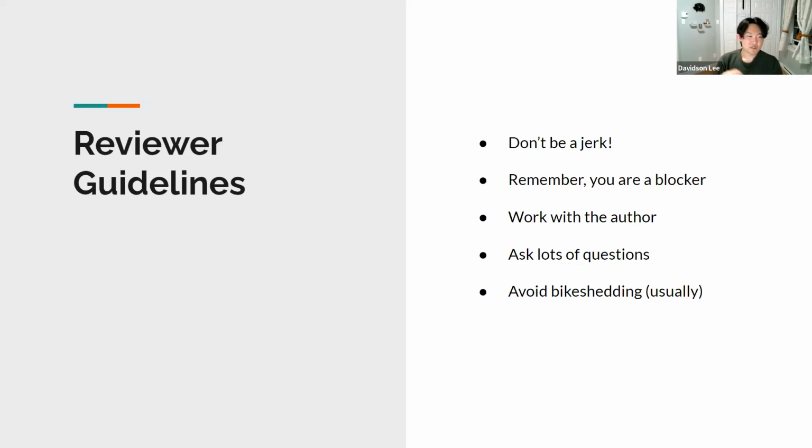Oh, I don't like the way you named this variable, not in a way that makes a material difference, but I just like moving these words around. Or like, oh, we should use this syntax versus another, like avoid the if else, use a ternary, right? At the end of the day, it doesn't really matter. And if that's the focus of your review for the majority, it's not an effective use of time or resources.